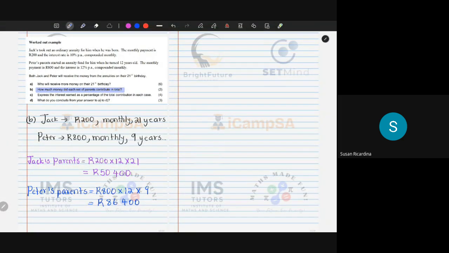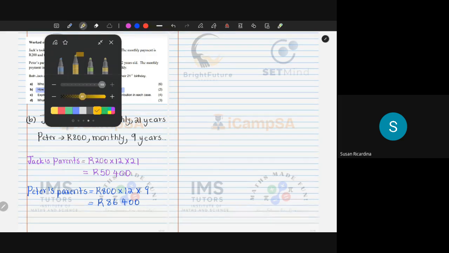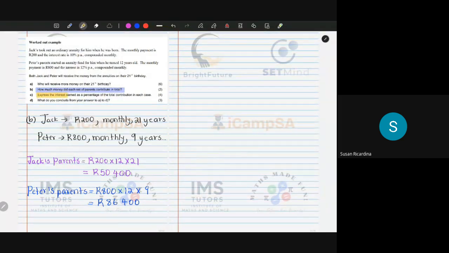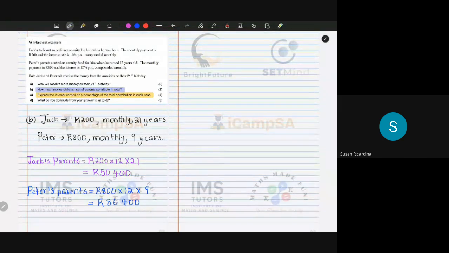Then they say to us, express the percentage of interest earned of the total contribution. So we want to look at how much did we earn versus what we put in. That is what question C is asking us.